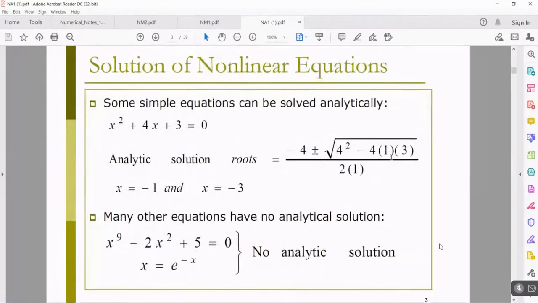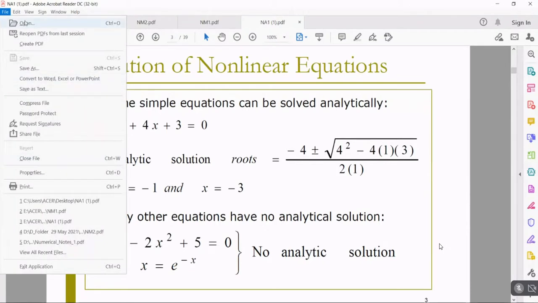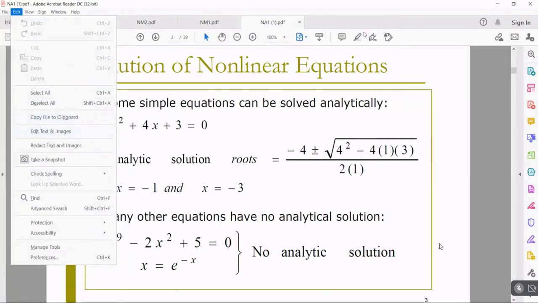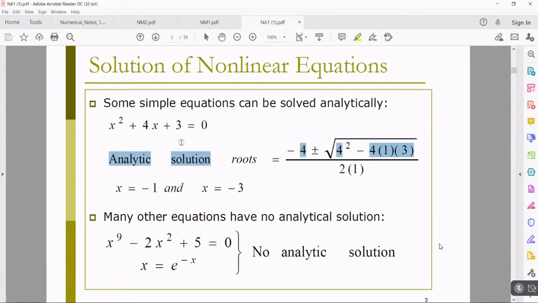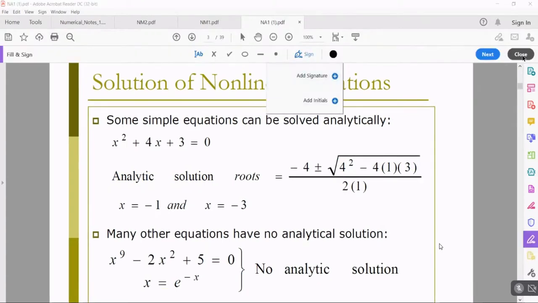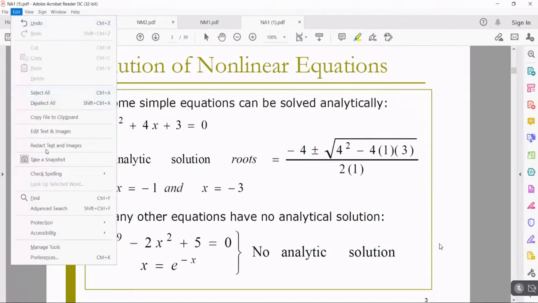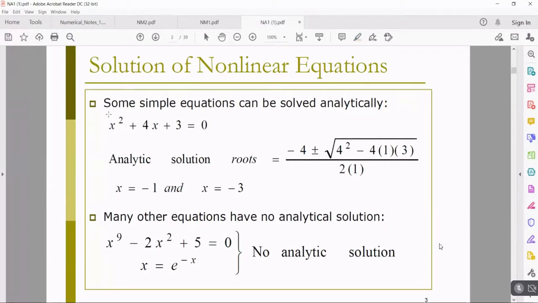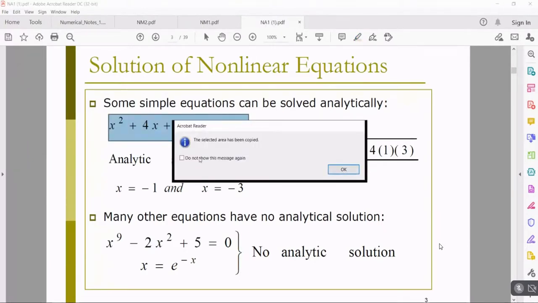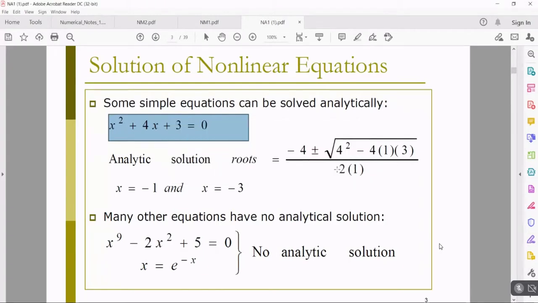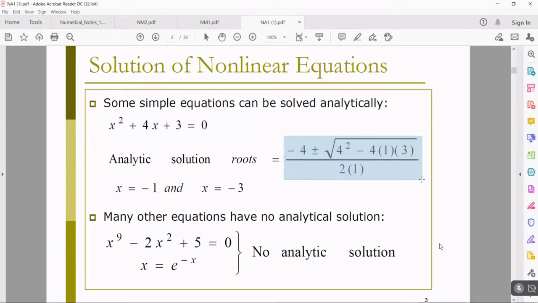So for example, you know that this is your second order equation in the variable x, and you know its solution can be obtained by using this formula.